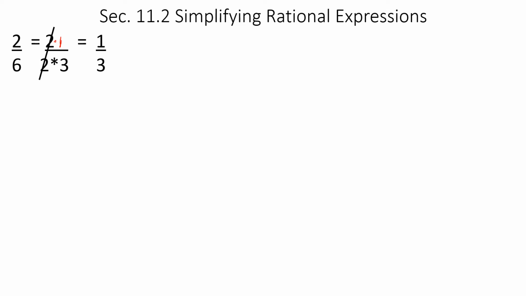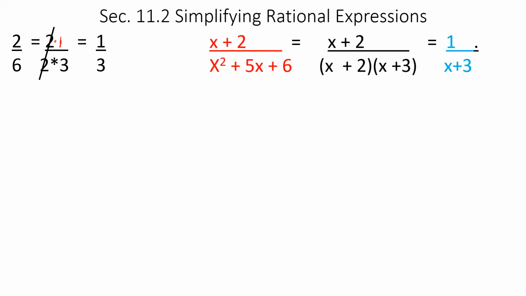Well, it's the same way when you're simplifying rational expressions if you want to reduce them. So here is a rational expression there in the red. All they did was they factored the numerator and the denominator. And so they took this trinomial square and they factored it. All right?